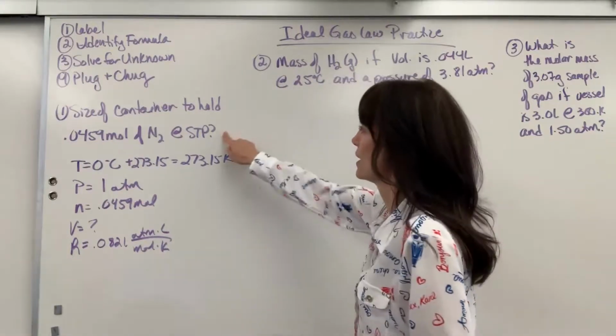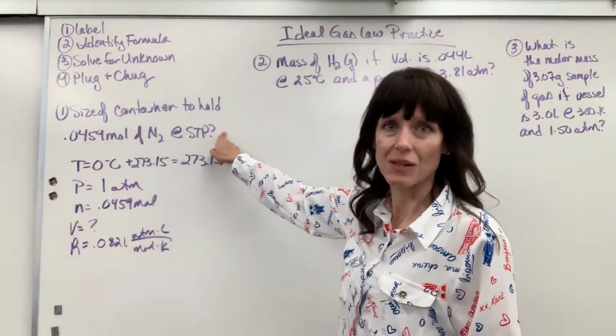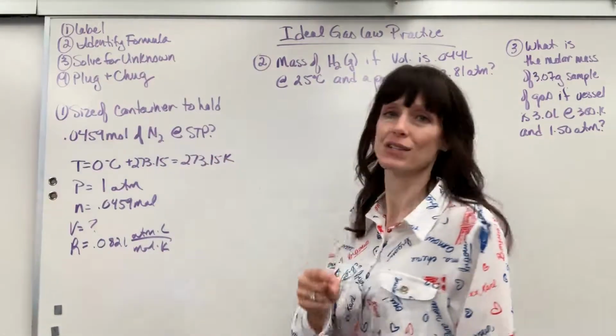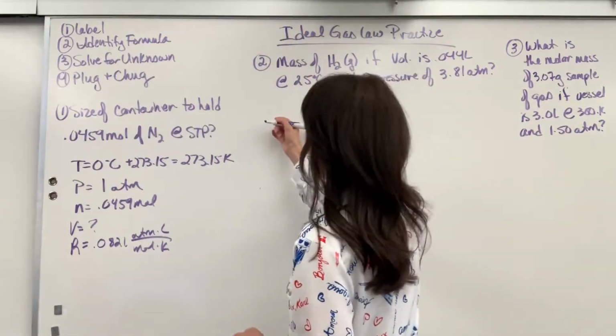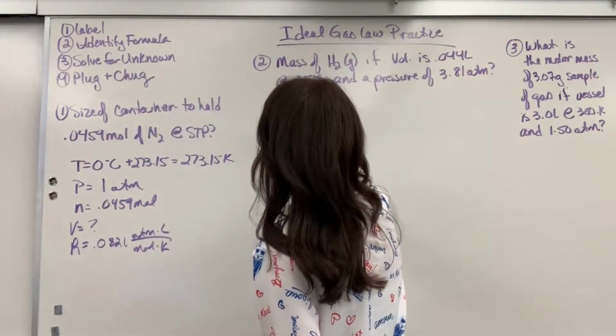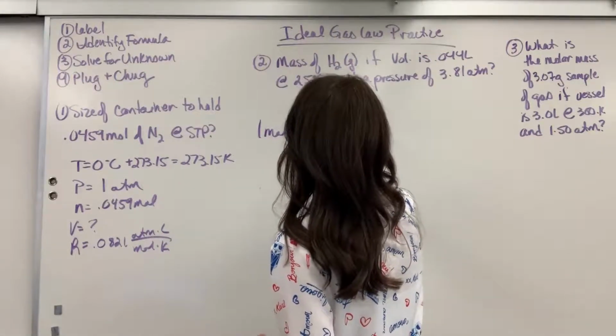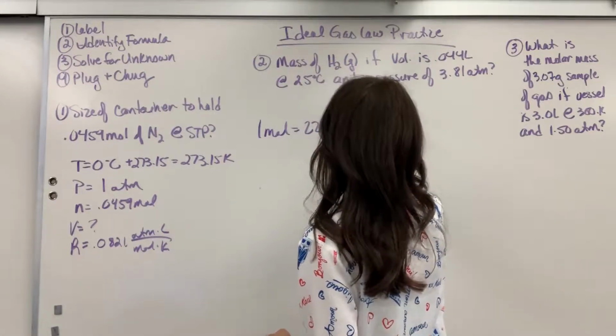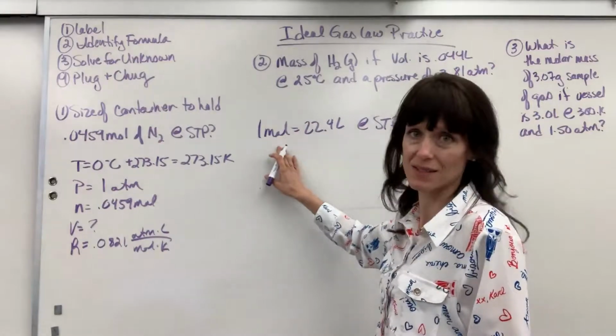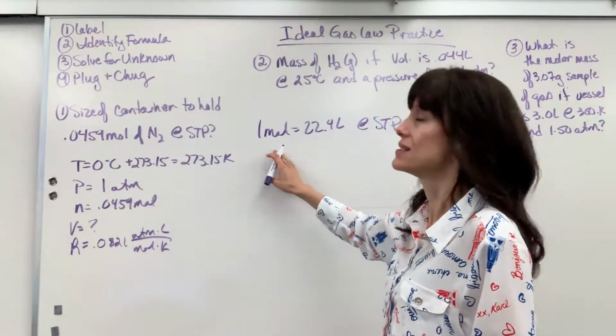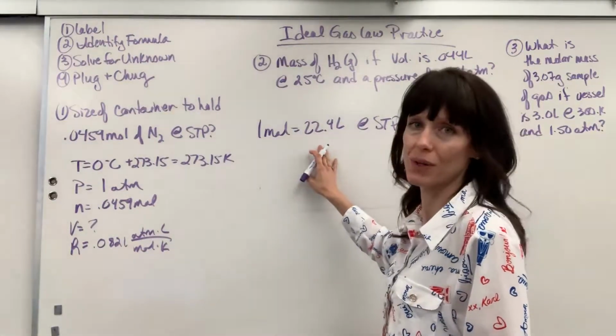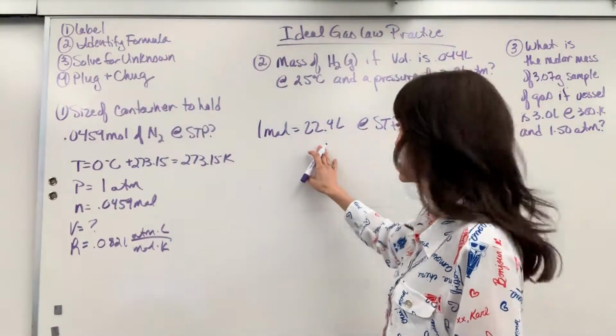Notice the key, we are at STP. There's a relationship, remember, between moles and volume at STP. Any gas, 1 mole of any gas takes up a volume of 22.4 liters.